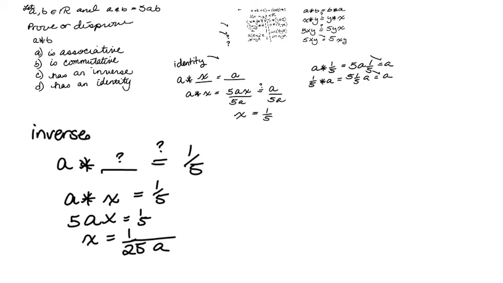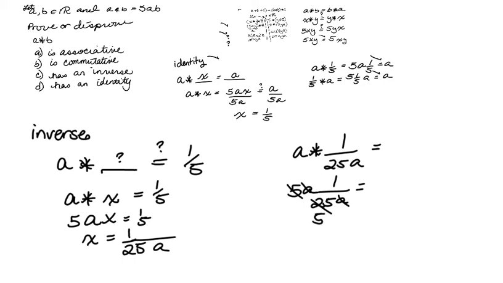So let's try an example. Will I get 1/5 when I put something in here? So let's try A star 1/(25a). What does that equal? Well, that translates into 5a times 1/(25a). The a's cancel, the 5 cancels, this becomes 5, so this is 1/5. So we do indeed have an inverse.